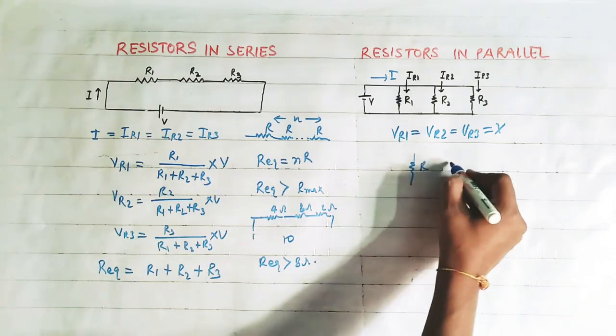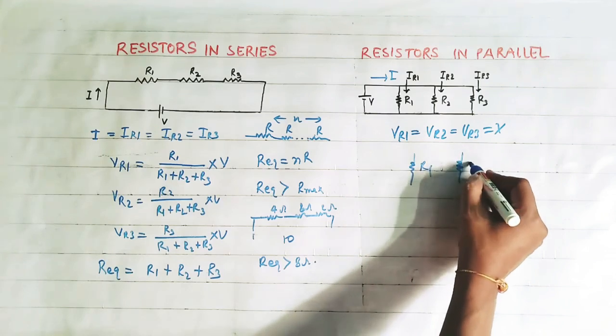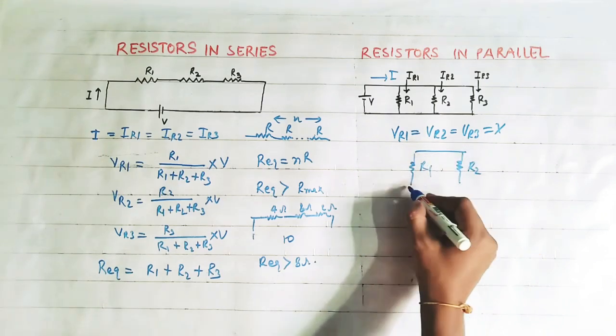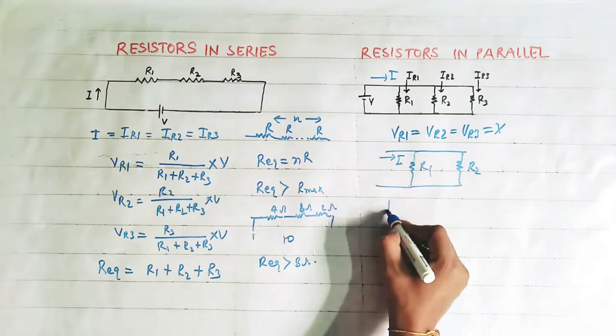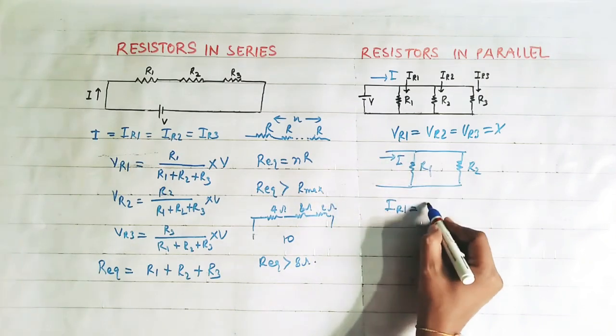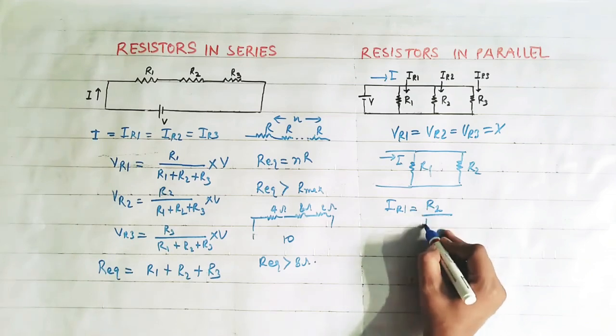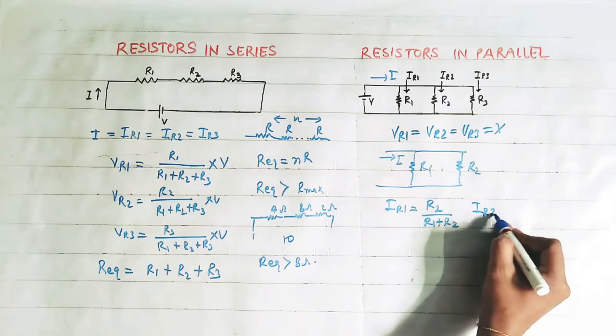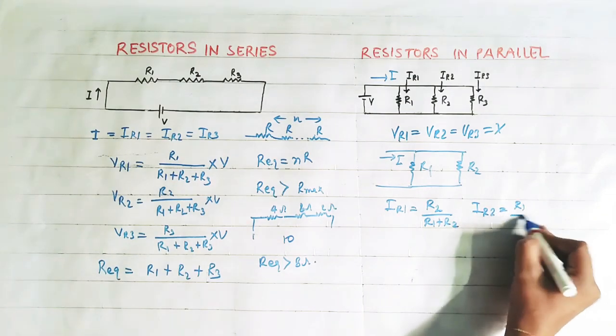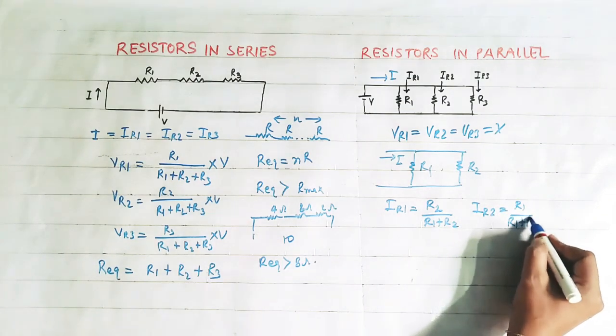Suppose this is R1 and this is R2, and here the current is I. Then IR1 will be equal to R2 upon R1 plus R2, and IR2 is equal to R1 upon R1 plus R2.